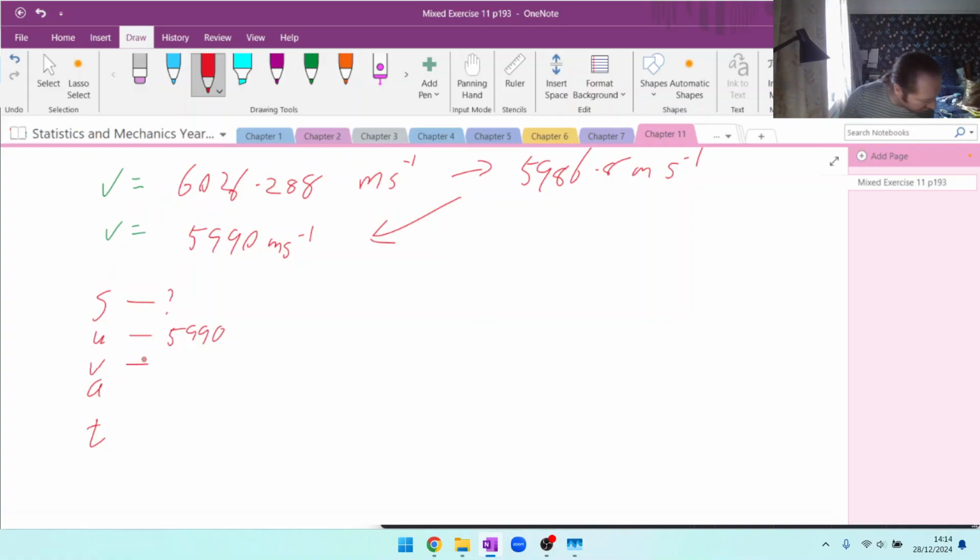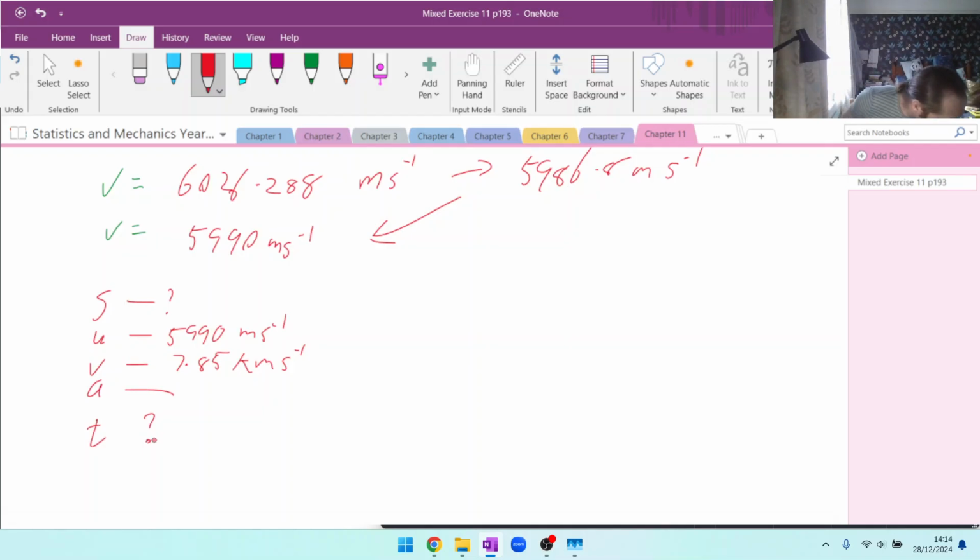The final velocity was 7.85 kilometers a second. So this is meters a second, so we need to do some conversions there. The acceleration is constant. Calculate the time, and the time is what I want to know.